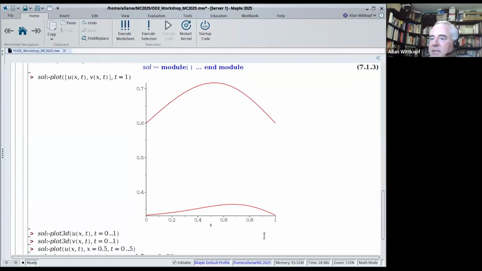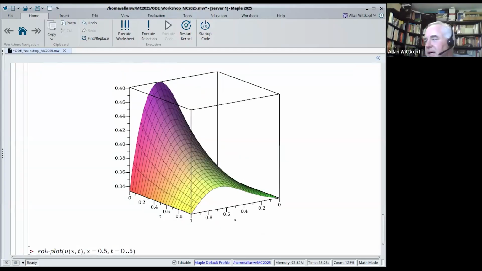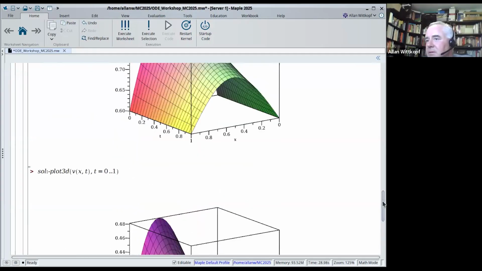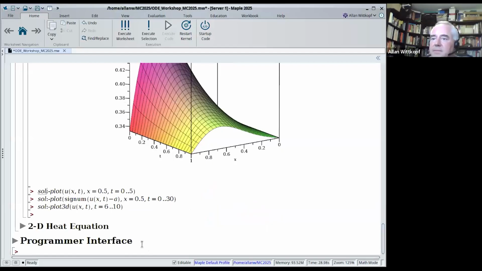I believe that's U and V. So we can look at a 3D plot of U and of V. So we can see as time goes forward, this is the profile of the solution in 3D.